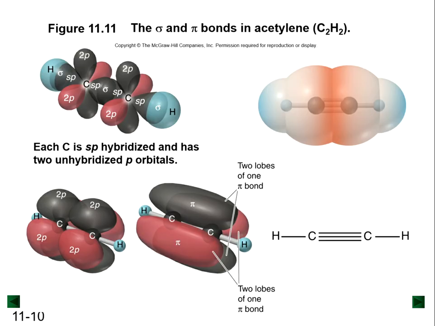And the 2 pi bonds come from the 2 unhybridized p orbitals on the carbon atoms. Those half-filled 2p unhybridized orbitals interact, forming the side-on pi interactions. And they're on two different axes.